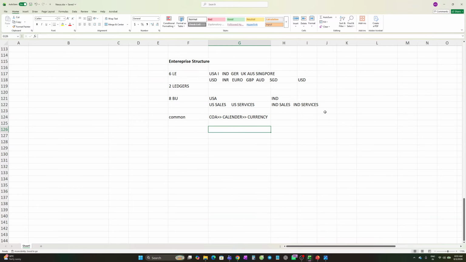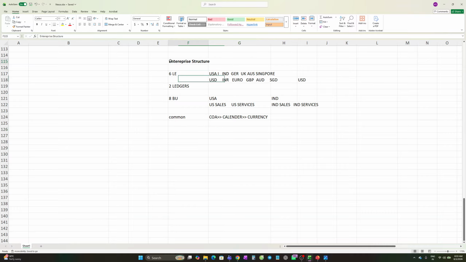We configured the enterprise structure. This is the way you need to answer the interviewer's questions. Then he will understand that you have knowledge of enterprise structure and that you previously worked on a project.